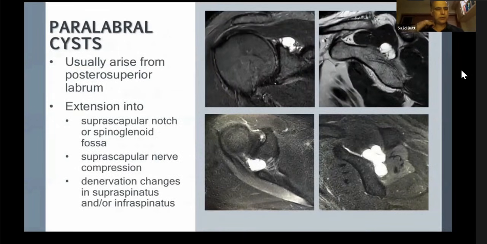One important lesion is the presence of a paralabral cyst. Remember yesterday I explained to you the concept of a parameniscal cyst, which happens in a horizontal tear. And remember, horizontal tears are the ones which you get to see in older age groups, people who like to lie horizontally.